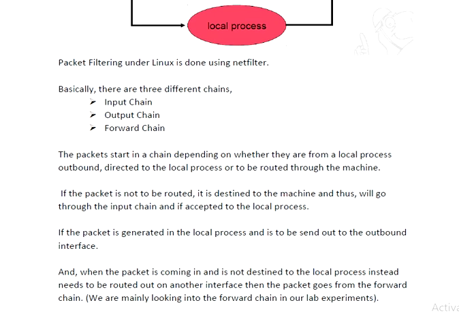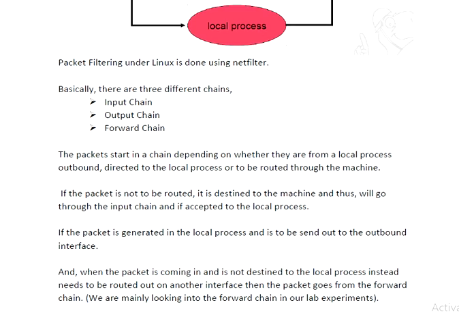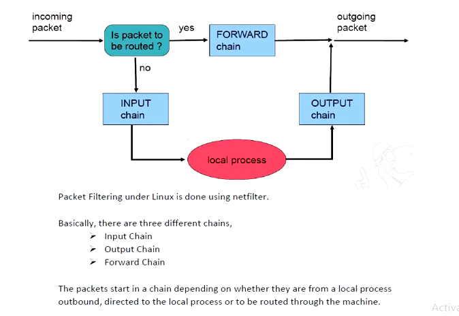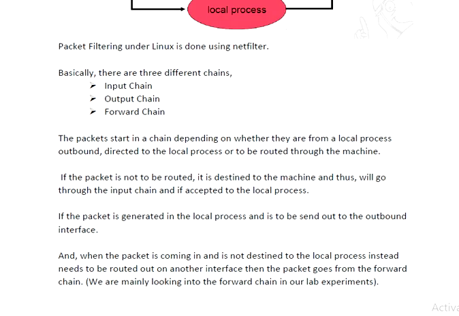Finally, when the packet is coming in and is not destined to the local process but needs to be routed out on another interface, the packet goes through the forward chain. We are mainly looking into the forward chain in our lab experiments. So finally, I can say that we will always sit on the router to filter packets from source to destination. This is our Netfilter architecture, and thank you for watching this video.